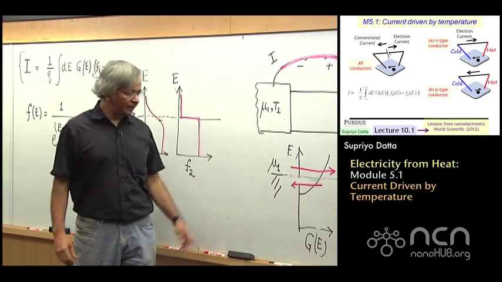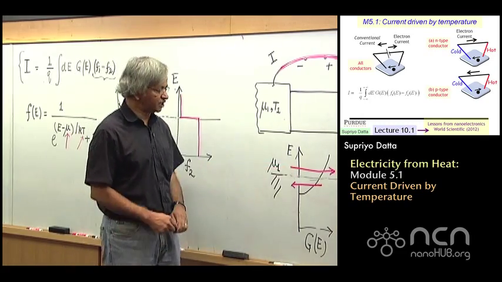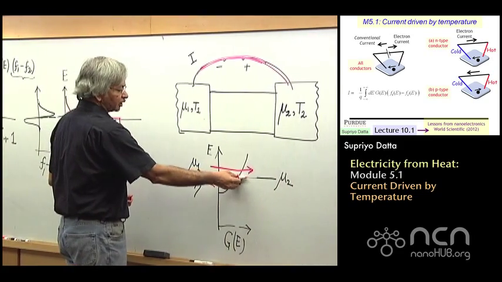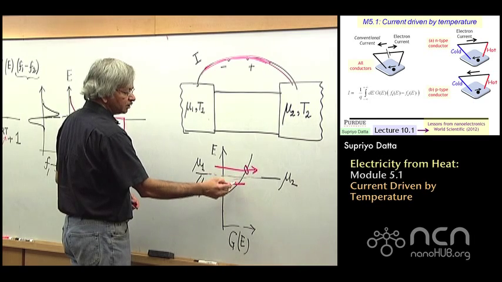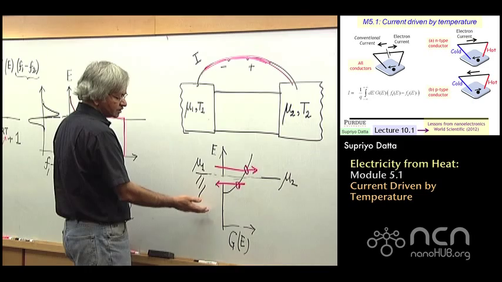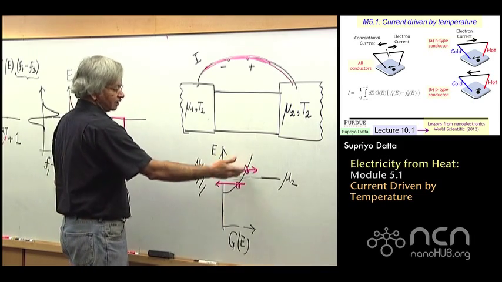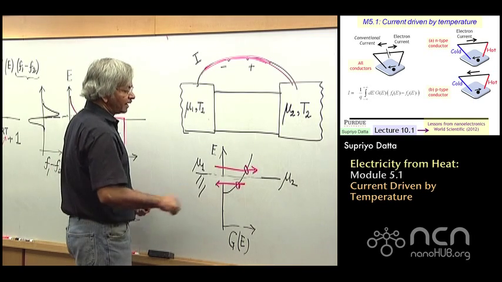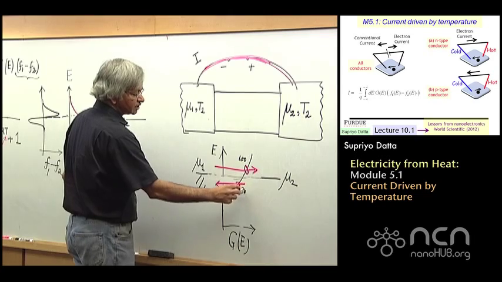But what could happen is, like the way I've drawn it here, if you look in this context, you'll see that above the electrochemical potential, you have sort of more states here. Whereas below the electrochemical potential, you have less states. Why? Just because this density of states or this conductance is increasing with energy. So you might see about 100 states there and only, say, 80 states there.